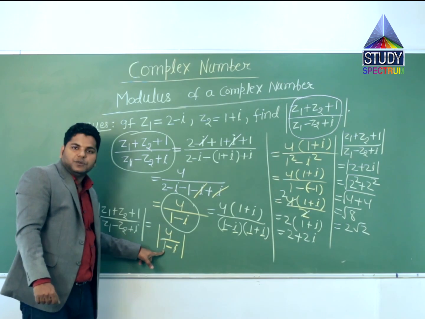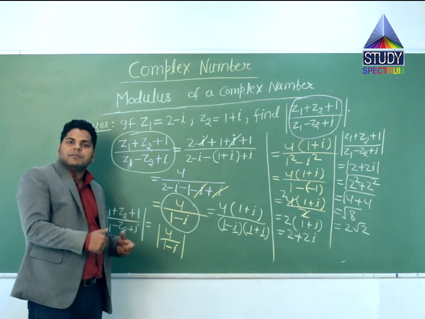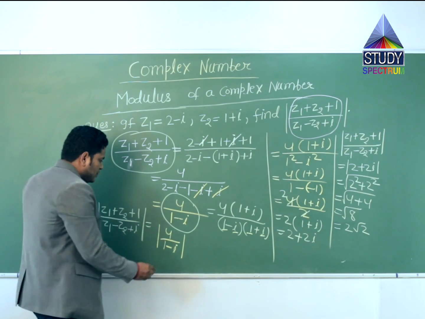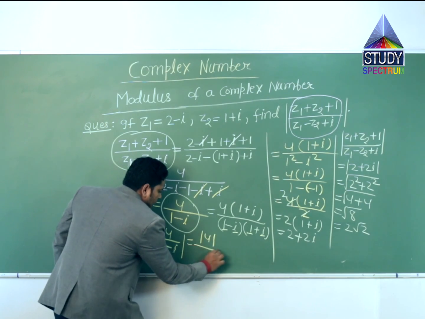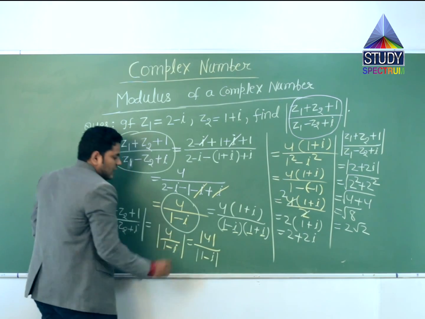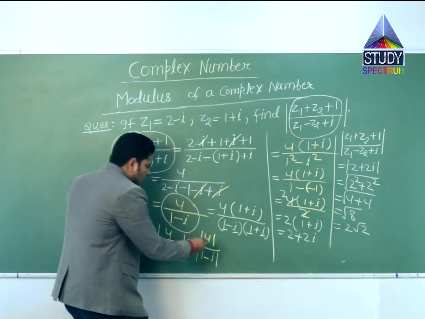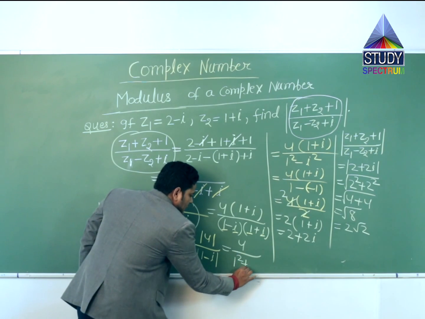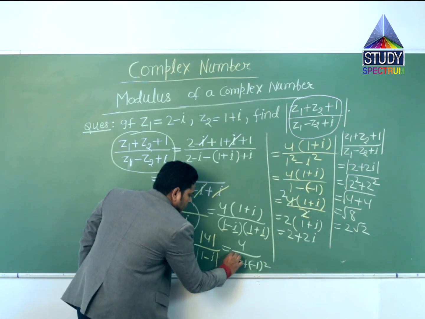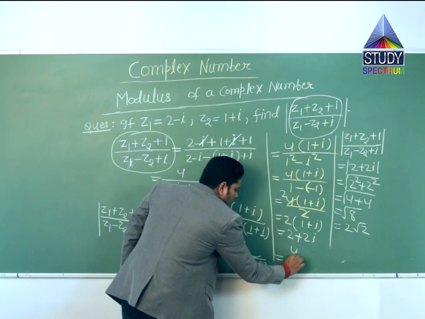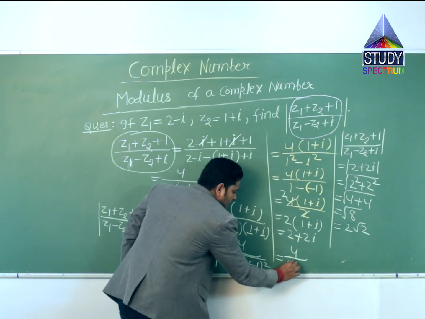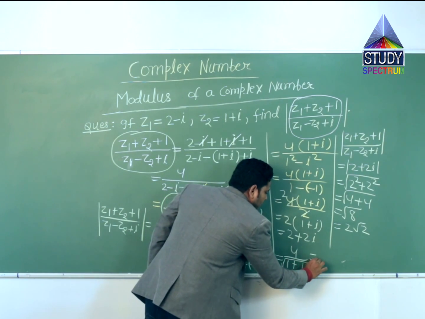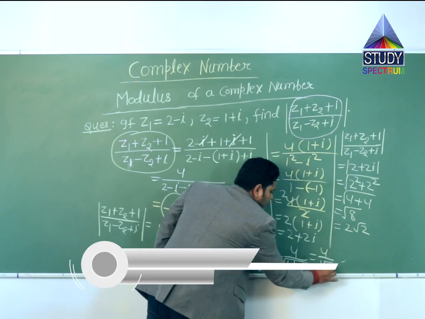And modulus of z1 by z2 is equal to what? By using the property you can write modulus of z1 by z2 is mod z1 upon mod z2. So you can write here mod 4 upon mod of 1 minus i. Okay. So mod 4 is 4 and mod of 1 minus i is root under 1 square plus minus 1 square. So we can write 4 upon root of 1 plus 1, so 4 upon root 2.